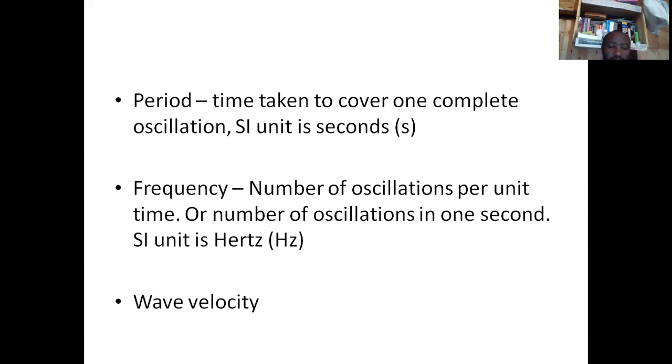So if frequency is equal to the reciprocal of period, then we can say the wave velocity, which is equal to wavelength over period, is also equal to wavelength multiplied by frequency. We are going to be encountering such a relationship going forward. So please note that.